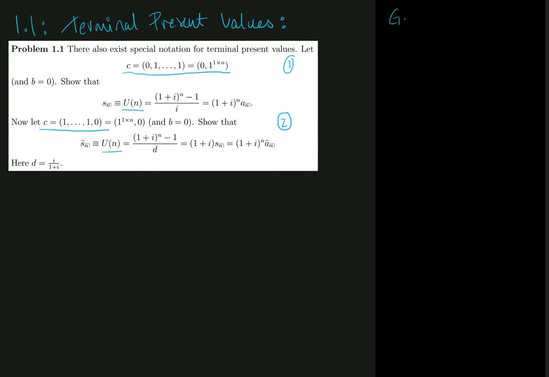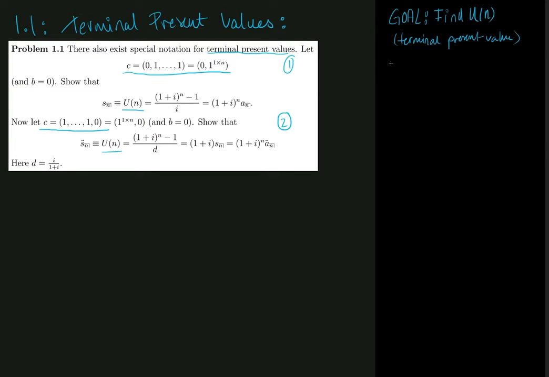So goal, find U of N, which is also exactly what we call the terminal present value. And what do we mean by that?